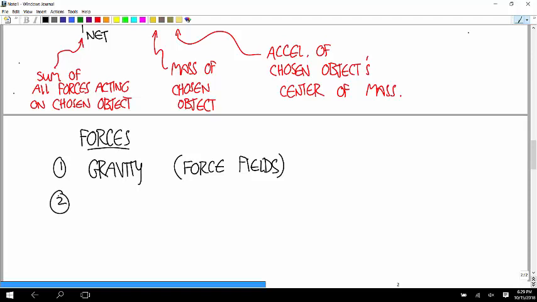And the second one, and these two categories account for every force that we're going to deal with, are contact forces with other objects, from touching objects.